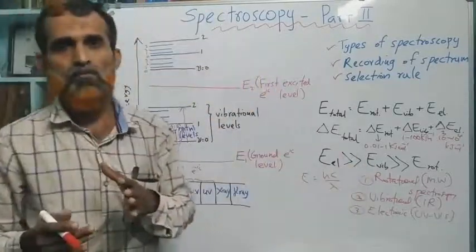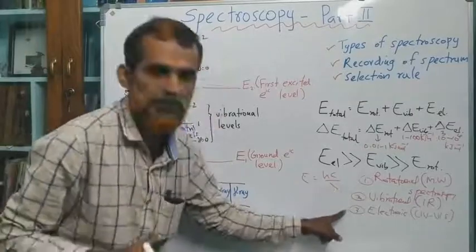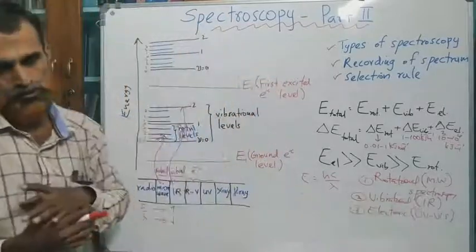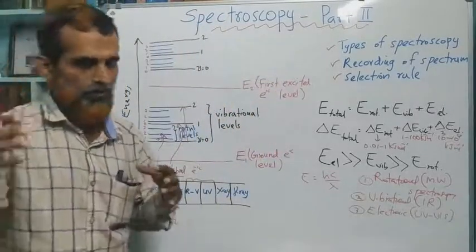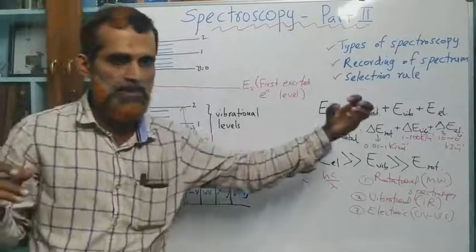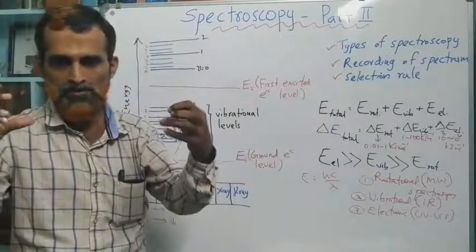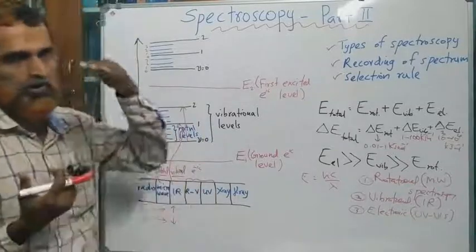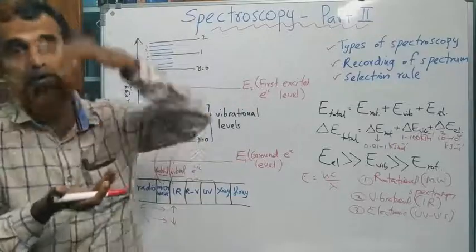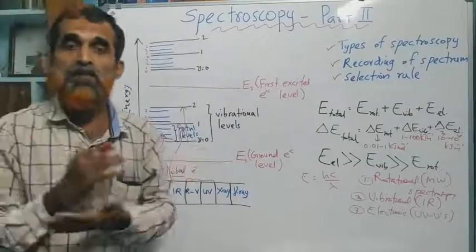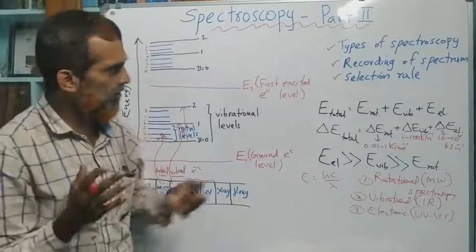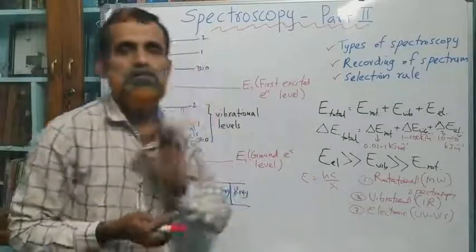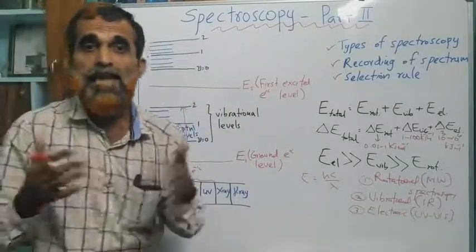Among these, we have to go into the details of two types of spectroscopy, vibrational and electronic. Remember, in all these spectroscopies we send an electromagnetic radiation to the sample or the molecule, and an interaction occurs and absorption takes place, during which the molecule undergoes transition from lower energy to higher energy, which is governed by selection rules. Okay, I will talk about selection rules later. Now, in all these three types of spectroscopy, the interaction is electrical.